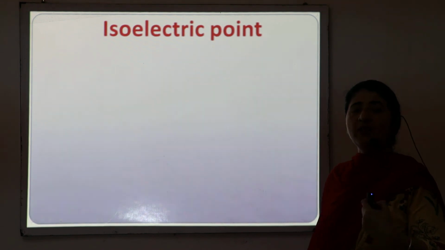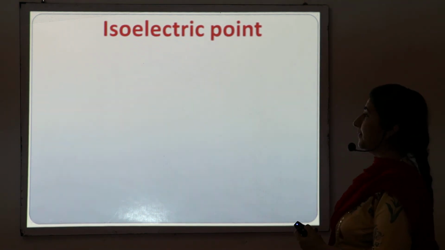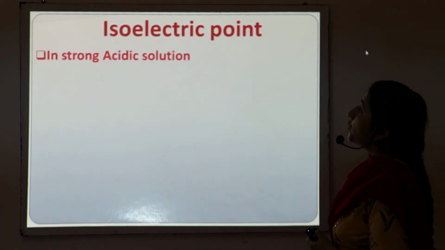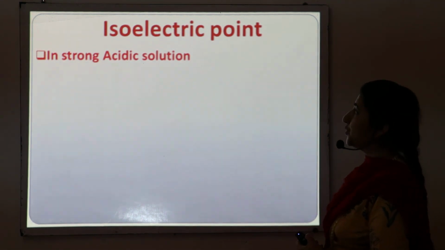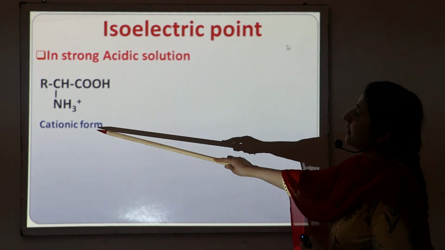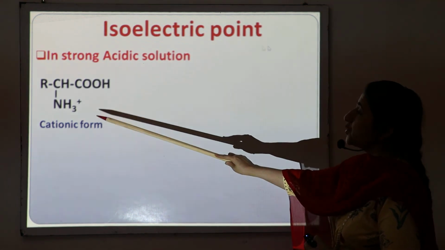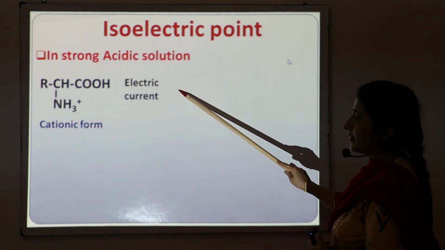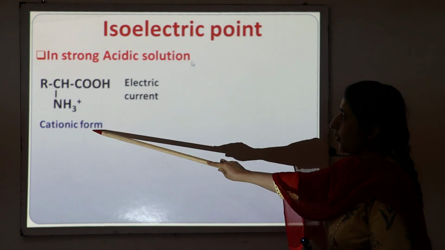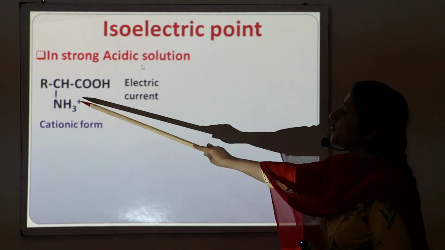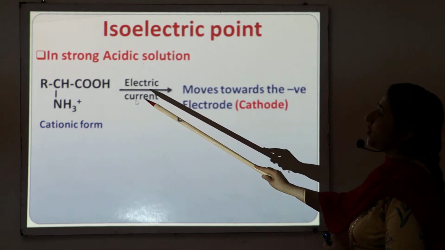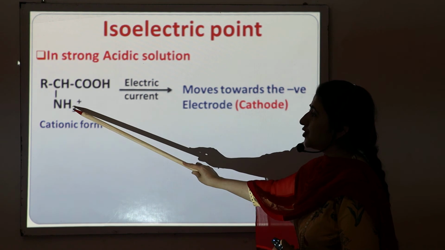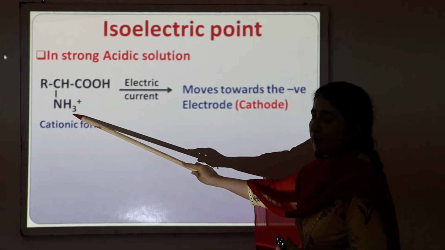Next one is what is the isoelectric point. When we dissolve the amino acid in acidic solution, it exists in a cationic form. After passing electric current through this cationic form, the amino acid moves toward the negative electrode due to the presence of positive charge on the NH3 group.